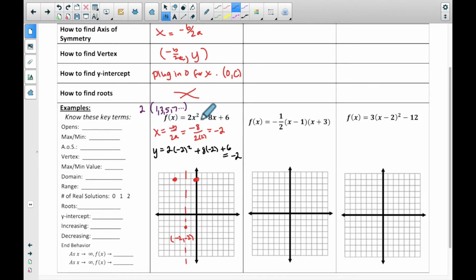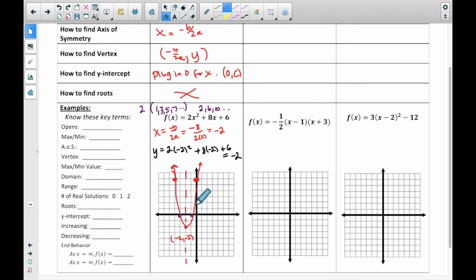And so our odd number rule turns into 2, 6, 10, 14, etc. And so from this point, I can go up 2 and over 1, and then up 6 over 1, and now I'm here where I have that intercept that was 6 away. That's also kind of a nice little check. If it all works out, then you know you've gotten it right. And so now I'm finished, and I'm ready to connect my dots.